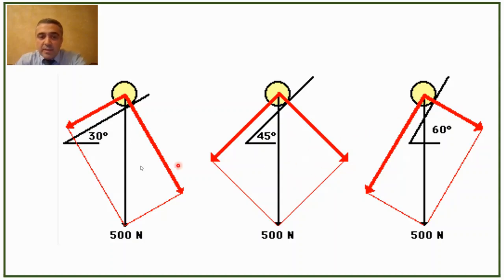It means that with increasing angle of the slope, the parallel force is increasing, and this leads to the movement of the object in the downward direction.